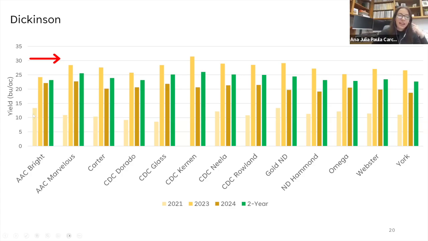In this case, AAC Bright was one of the ones that dropped the least. In the other corner, we can see other varieties like ND Gold that in the best year was one of the best, but in the worst year really dropped its yields. You can really see the difference between the years. So we can say that this is a more adaptable variety, and the other will be the one that's more stable.